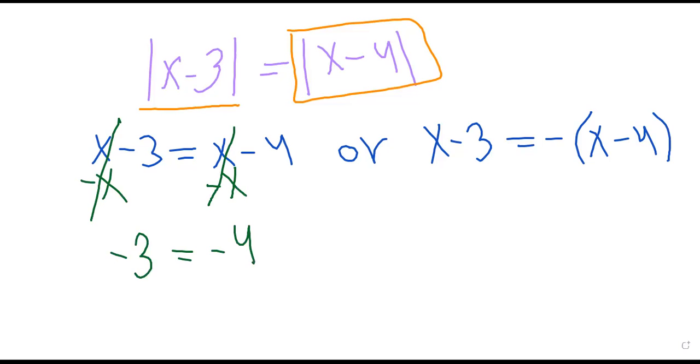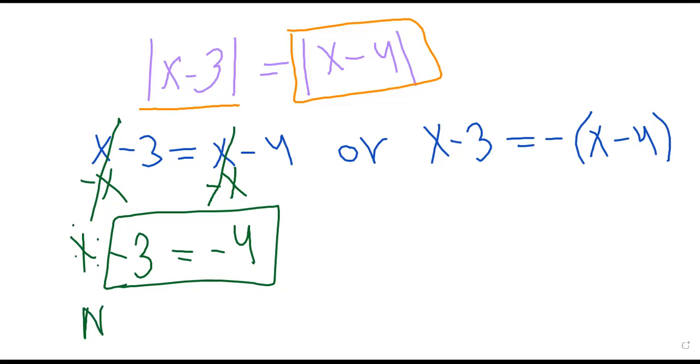The same thing on the second side. So as you see here, we got minus 3 is equal to minus 4, and this is a false statement. This is not a true statement. In this case, when you have a statement that doesn't make sense, you will say that there is no solution. No solution.